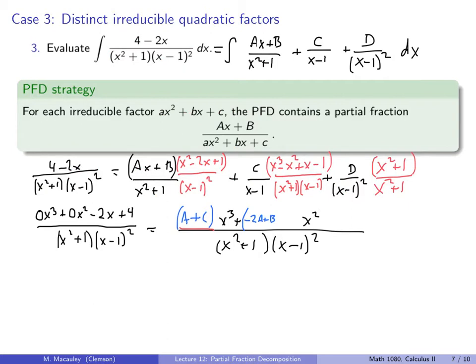I hope I have enough room for this. What about this term? We have c times negative x squared, so that's minus c. And now we have plus d times x squared, so we have plus d. Okay, great. So we have everything there.